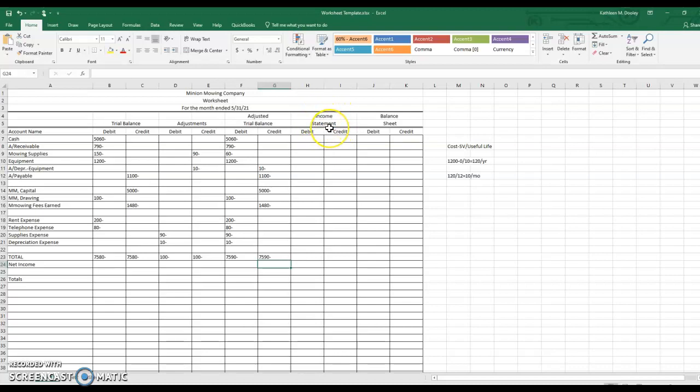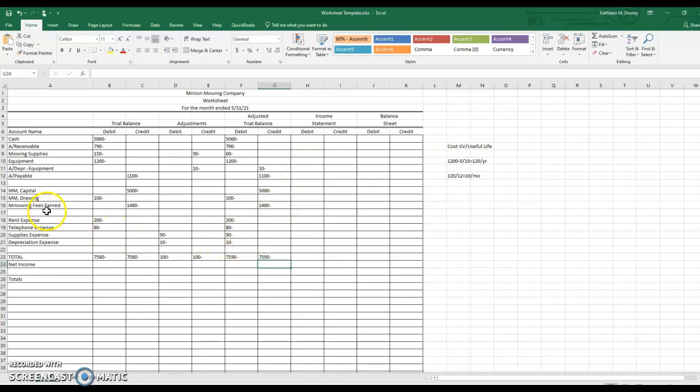To be profitable, we have to have our revenues be more than our expenses. So revenues and expenses are the only things that go on an income statement. This can be called a statement of operations or a statement of earnings. Still is the same as the income statement. It's all about profitability. It's all about revenues and expenses only.